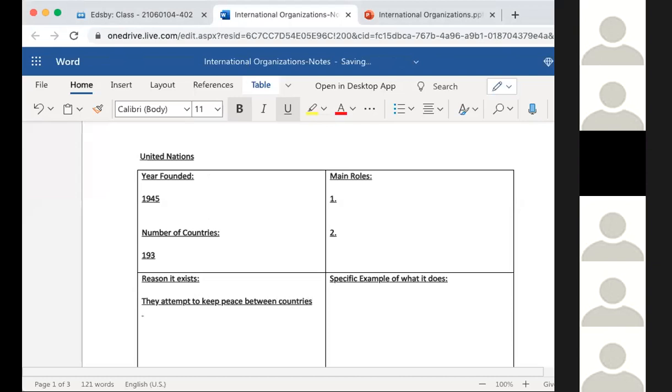What else do they do? Improve the quality of life for poor people, or for poor citizens. They help the world's poor or impoverished. Anything else? Was there anything else in there that it said that they do?